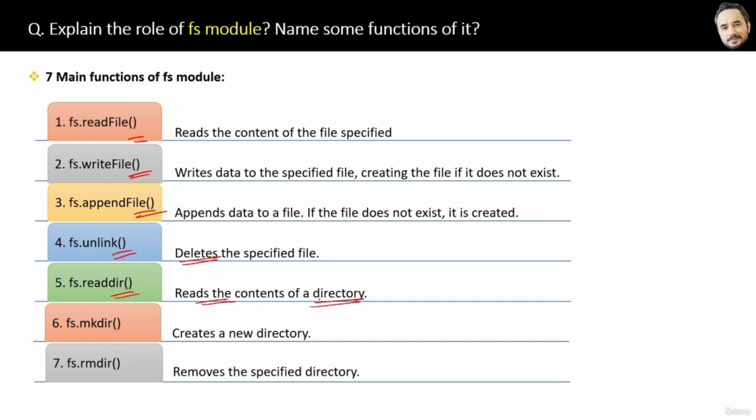Then mkdir method is used to create a new directory, or you can say folder. Then rmdir method is used to remove a specified folder directory. Great, that is the answer to this question. You do not have to remember the names of all these methods, but the more you know about something, the better you can explain it, right?